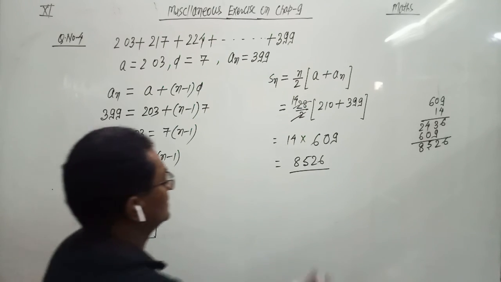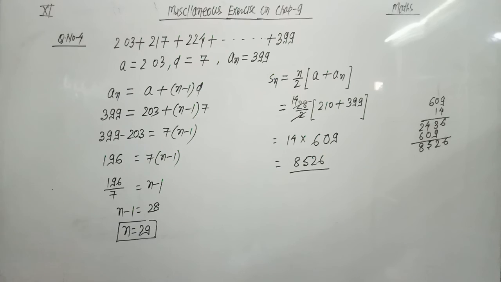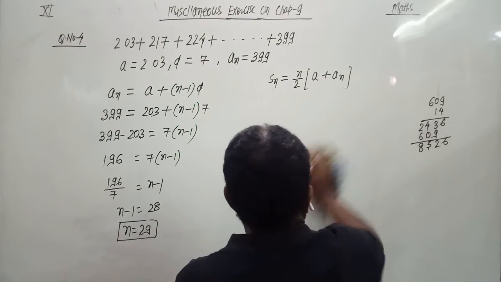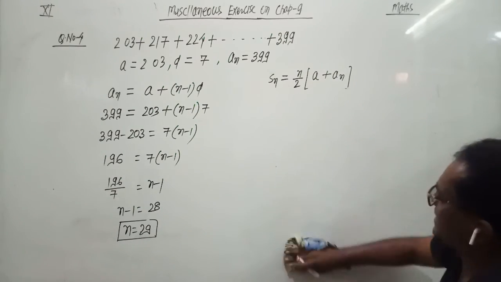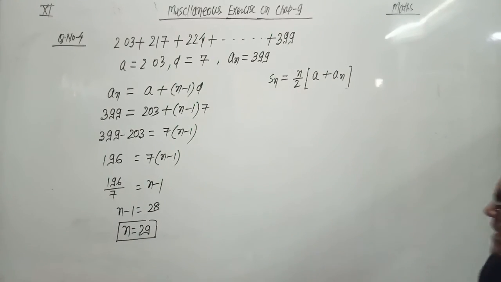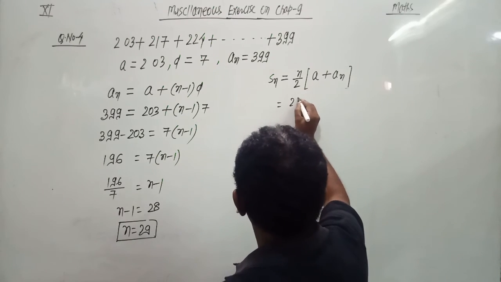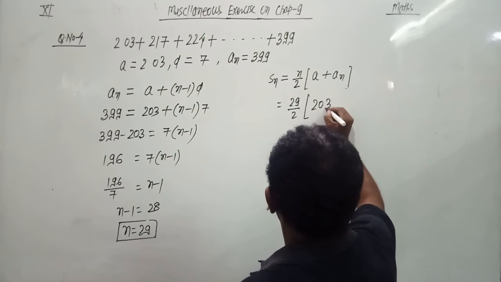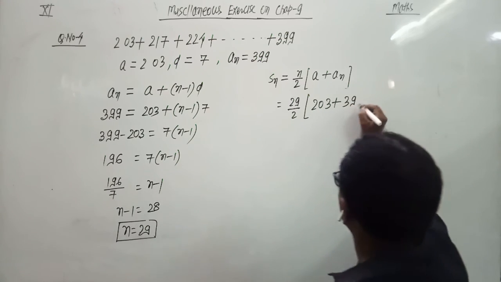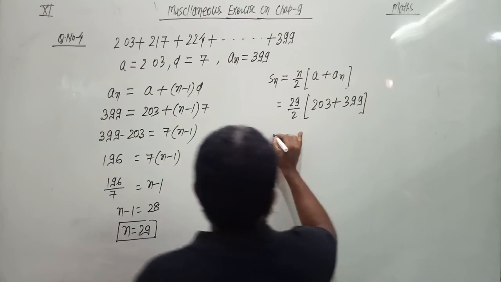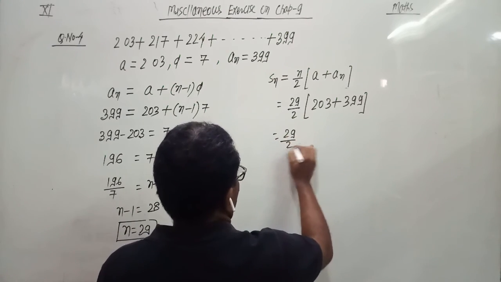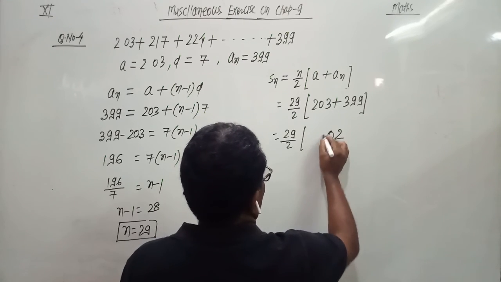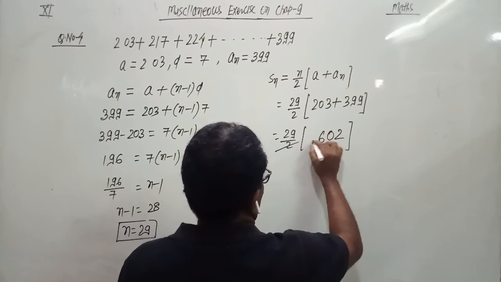So 29 by 2. The value of n will be 29. So 29 by 2, and the value of a is 203 and an is 399. So 29 by 2 times 602. It goes by 301.